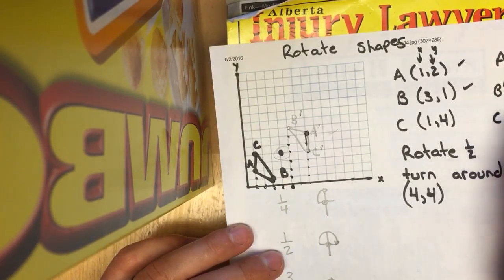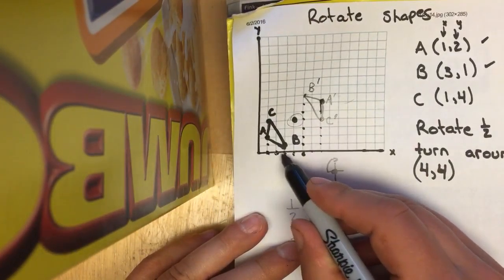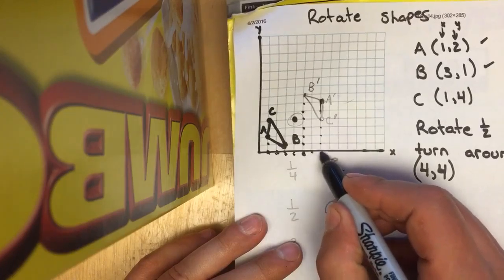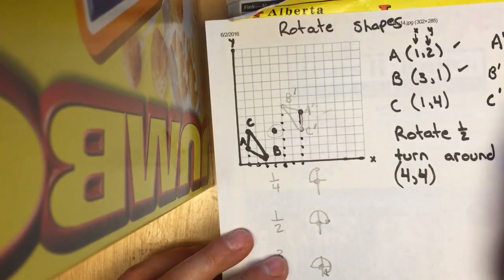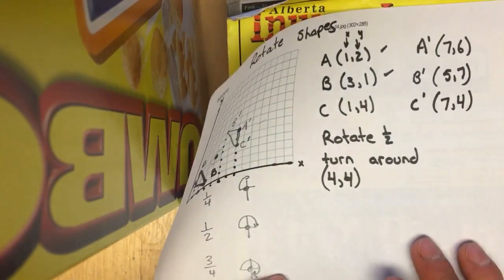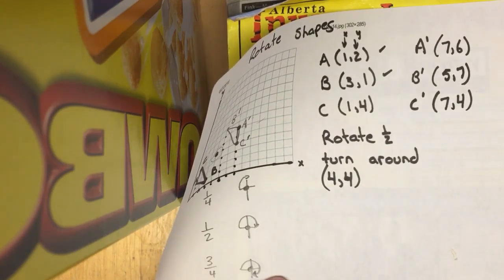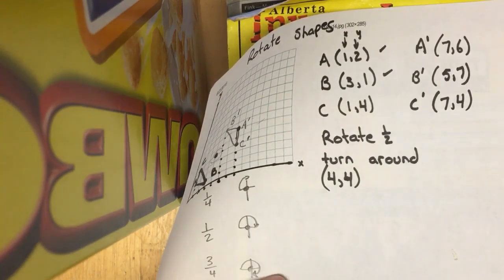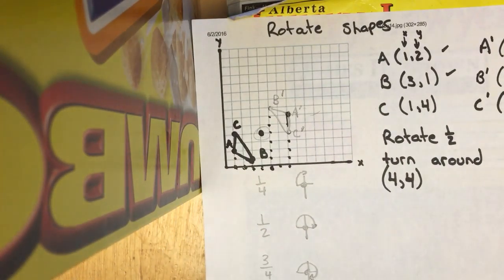Our new C spot here is going to be 1, 2, 3, 4, 5, 6, 7, and up 1, 2, 3, 4. So you can see how we did a half turn rotation around the point 4, 4. I hope that makes sense. You can try a few questions.